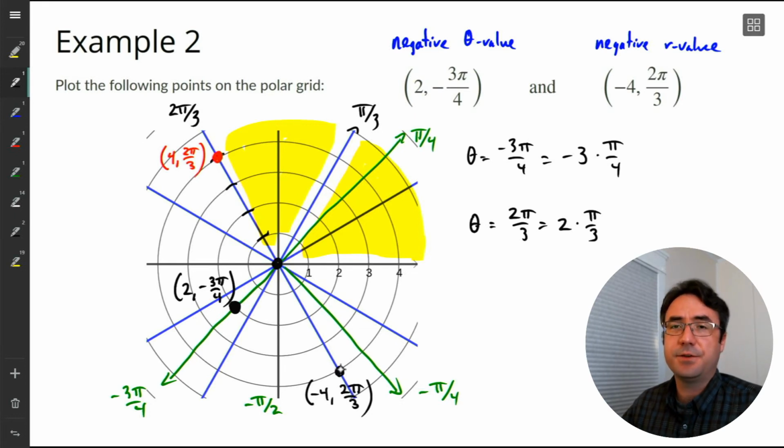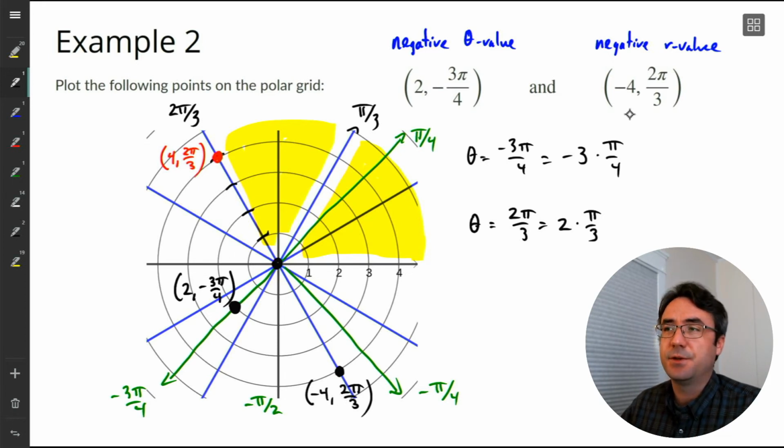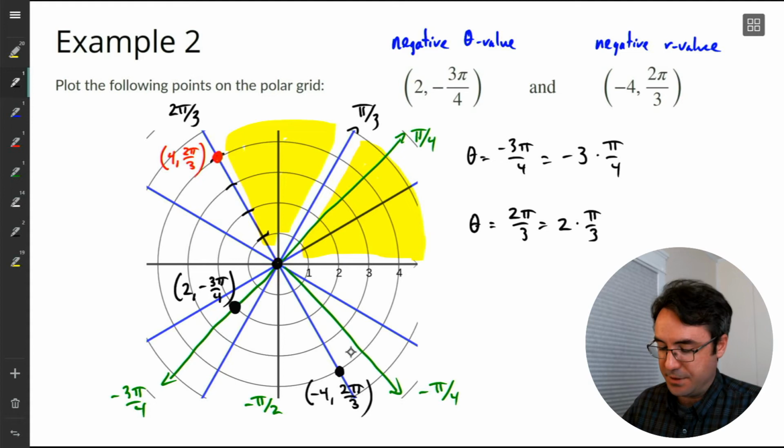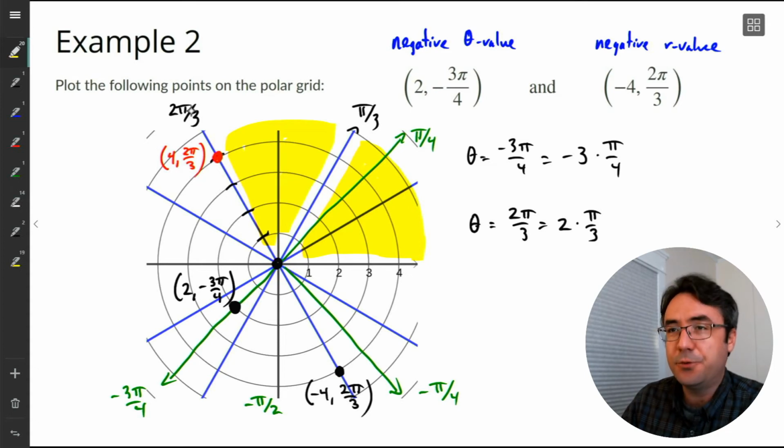All right. And there's really another way to represent this. So, there's other ways to represent this point. So if we wanted to, we could rewrite this without a negative r value by instead figuring out, well, what angle, what ray does this point fall on? So let's figure it out. Well, this is 2 pi over 3.